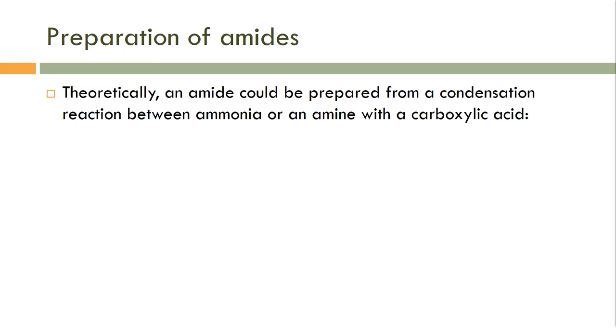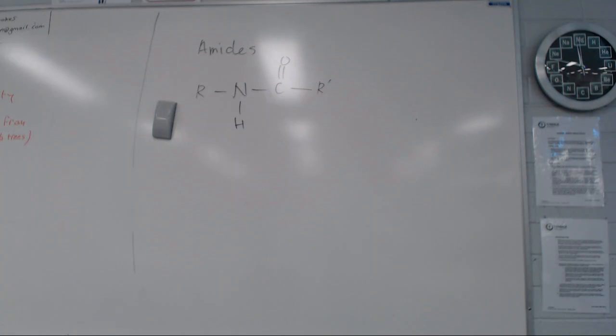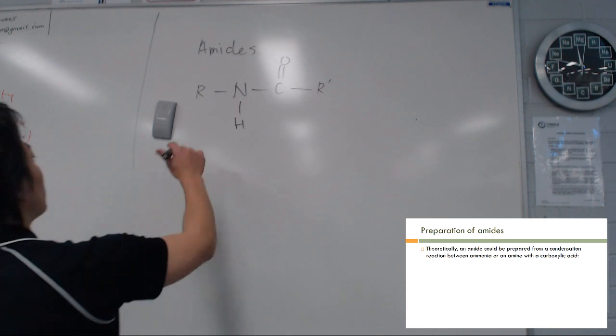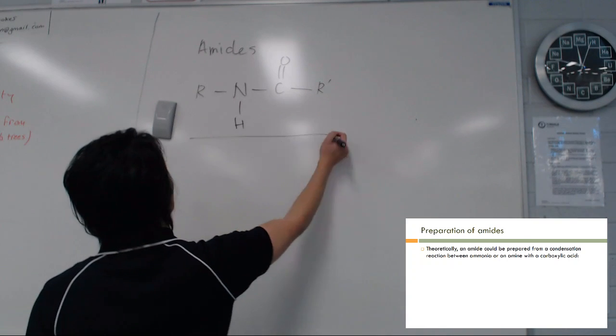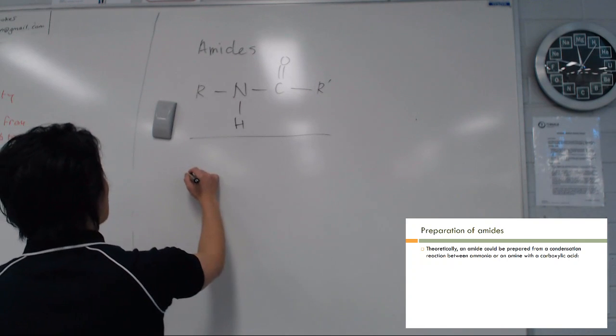Right. Theoretically, an amide could be prepared from a condensation reaction between ammonia or amine with a carboxylic acid. So how does it look like? Let's go with amine.